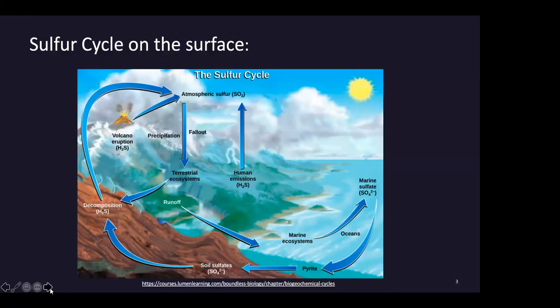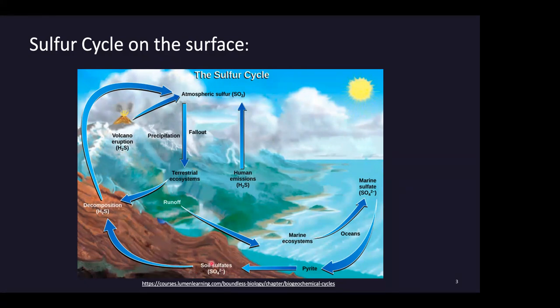Runoff by rivers supplies sulfur from the surface of the land to the marine ecosystem. The deepest portion of the superficial sulfur cycle in this image is the soil. Soil receives sulfur both from marine and terrestrial ecosystems, and decomposes the sulfur back into the atmosphere. The most interesting thing about this superficial sulfur cycle is that sulfur can be present in multiple oxidation states.